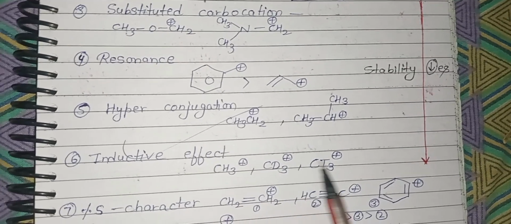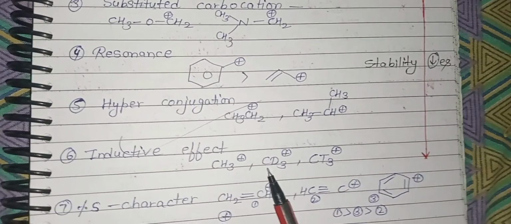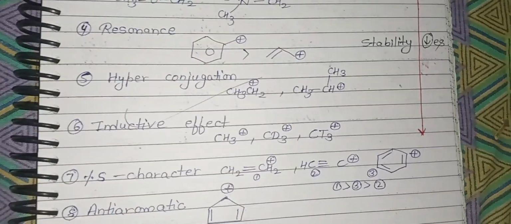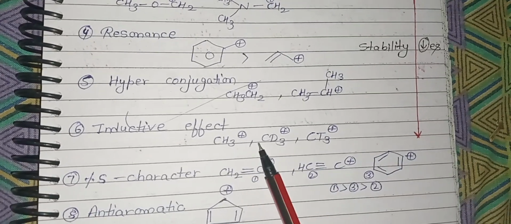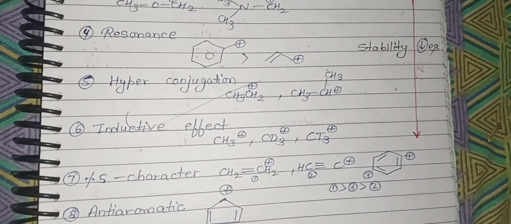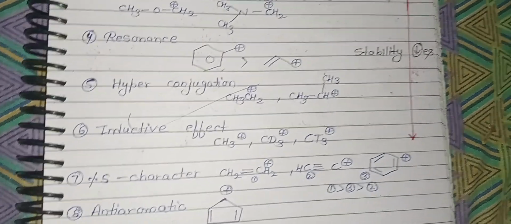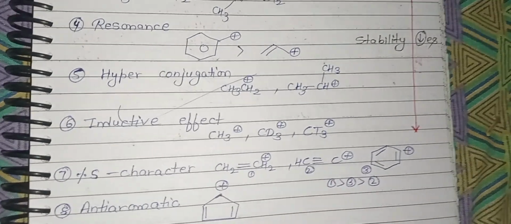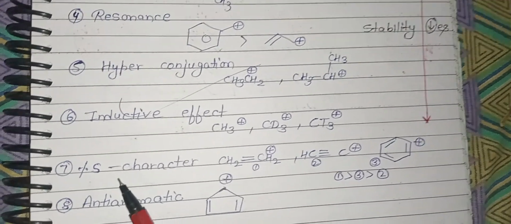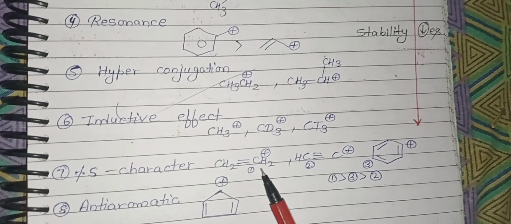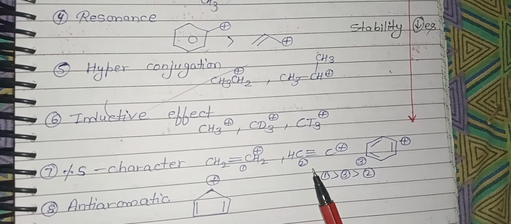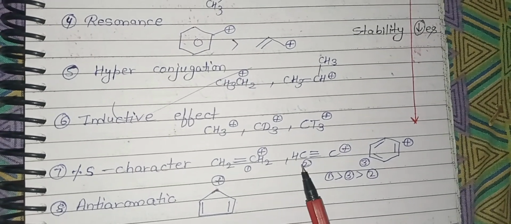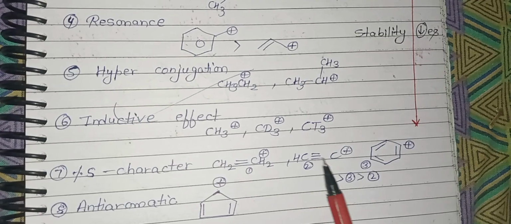The higher the inductive effect, the higher the stability of the carbocation. Higher the minus I, higher the stability of the carbocation. Then percentage s character: the higher the percentage s character, the more stable. So here the first is more stable, then the third, and then the second.